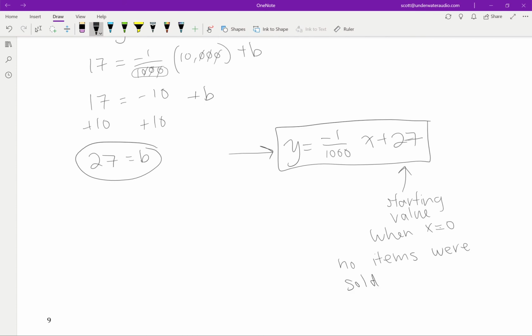And the price was $27. So basically, $27 is much too high for whatever this item is. It's kind of cool.